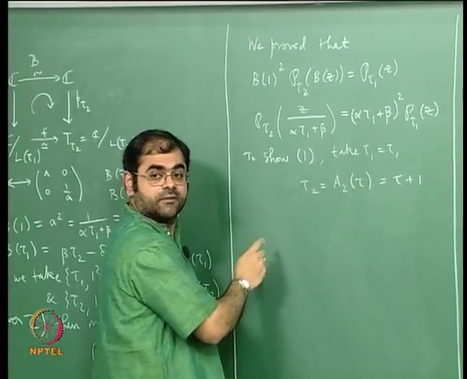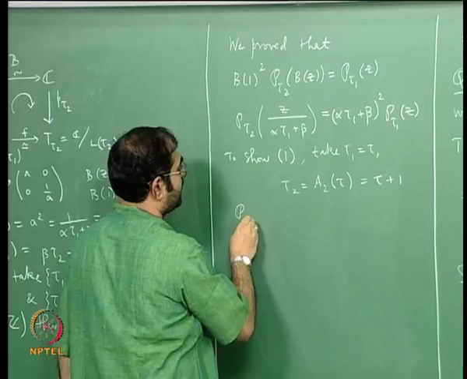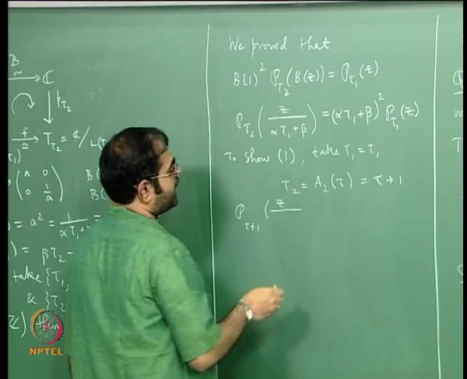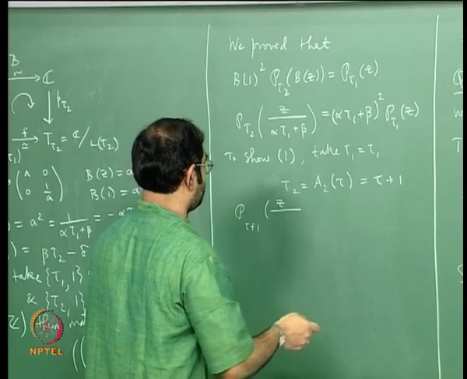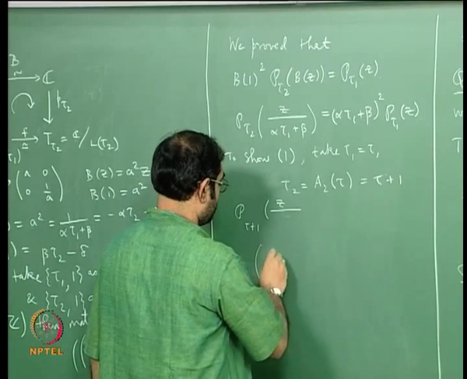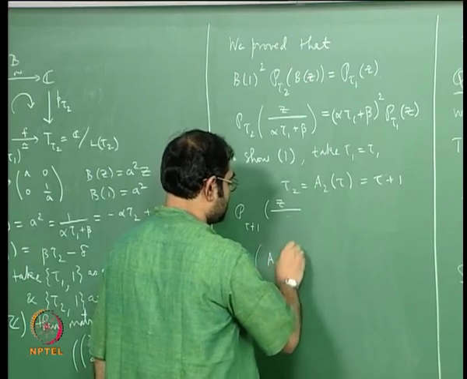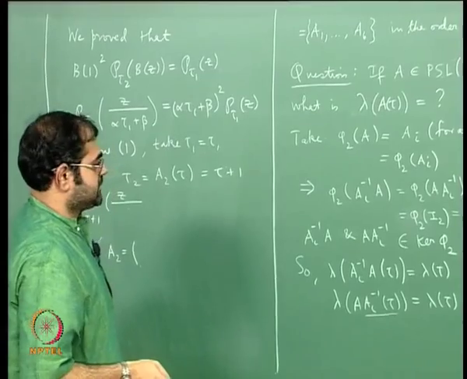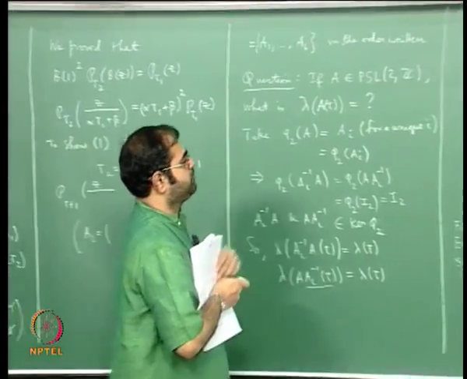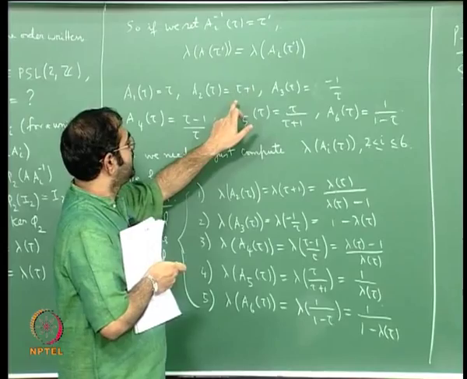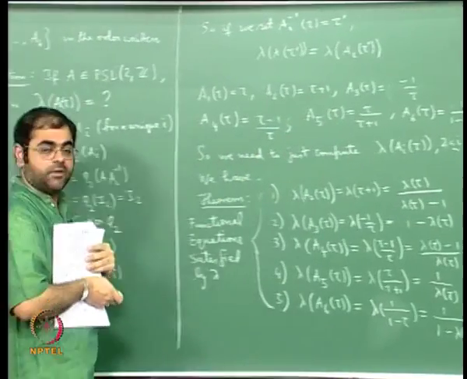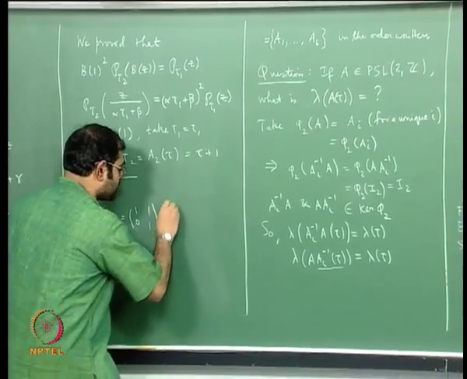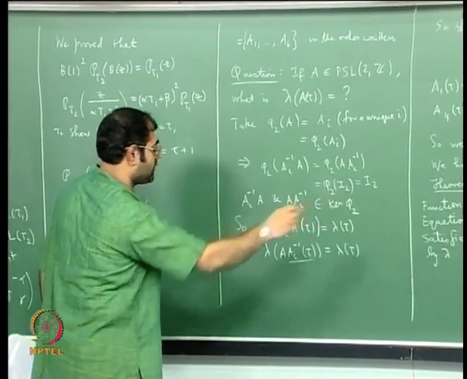If you do this, then you will get p tau plus 1 of z divided by something. Here my A2 is the matrix 1 1 0 1, and I have to compare this with alpha beta gamma delta.